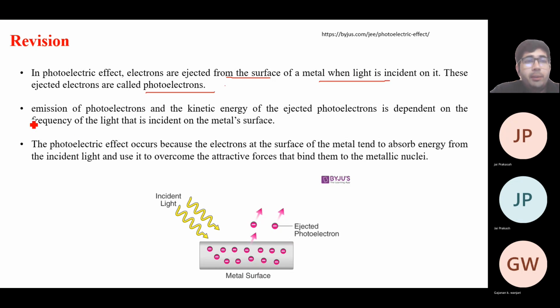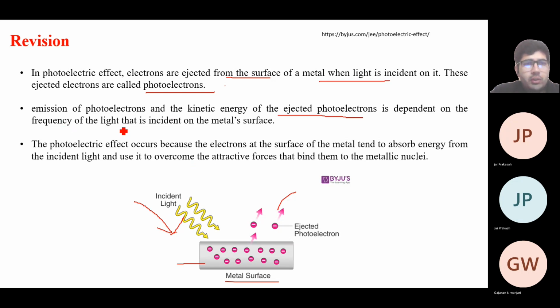Now, the emission of photoelectrons and the kinetic energy of ejected photoelectrons. These electrons will also have some kinetic energy, because the incident light is giving some energy to the metal surface, and due to that energy, the outer electrons of this particular metal are ejected and get some kinetic energy.